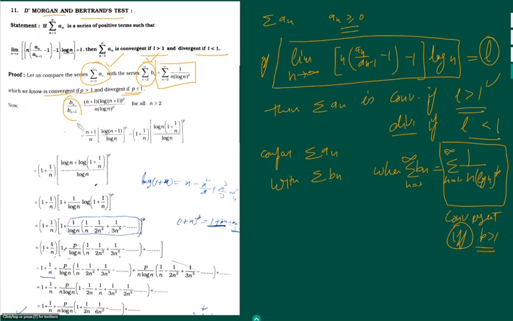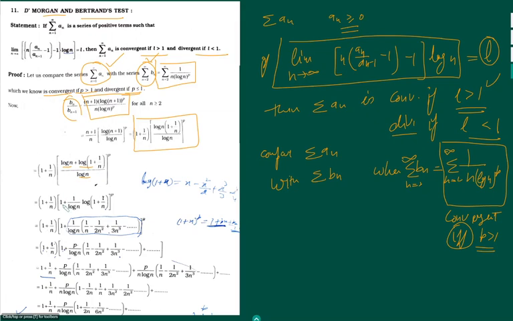Now you find Bn over Bn plus 1. Bn over Bn plus 1 is equal to this, and it can be written in this form. All right, and log of n into 1 plus 1 over n can be written as log n into log of 1 plus 1 over n, divided by log n.